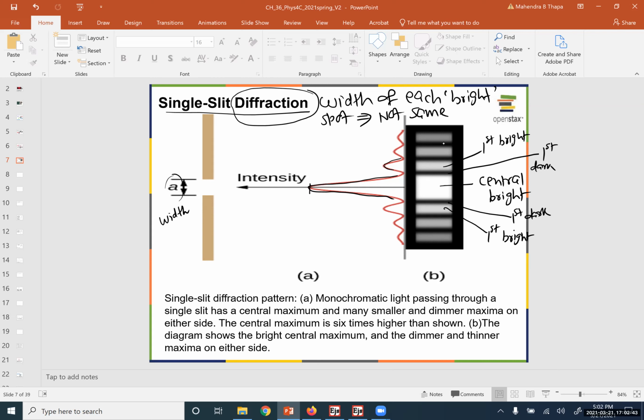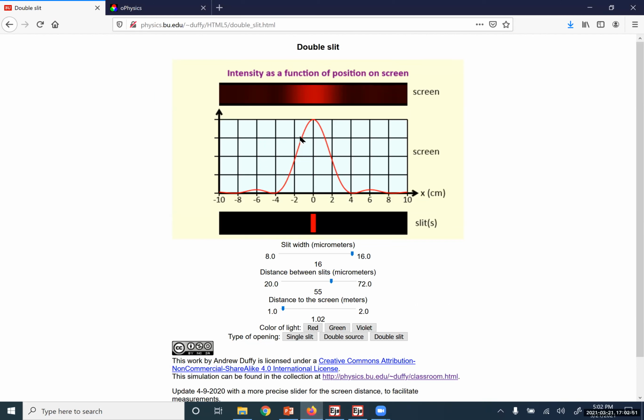Okay, so we can see the simulation we have seen before. Let's see again. If we have the single slit, we can change the distance between the slits. I'm going to change the slit width. You can see here, if I change the slit width, the intensity and width of the brightness also change.